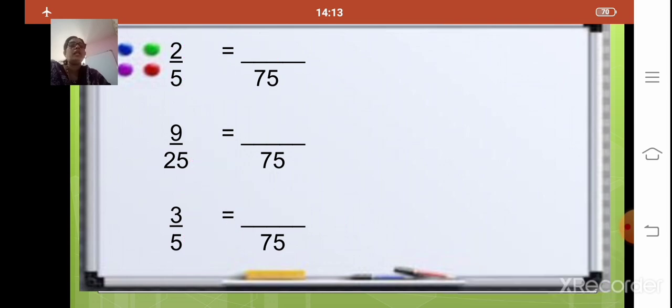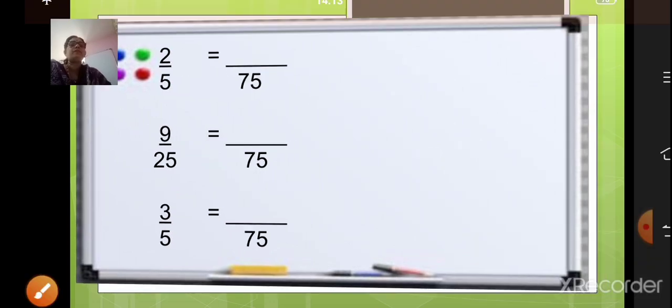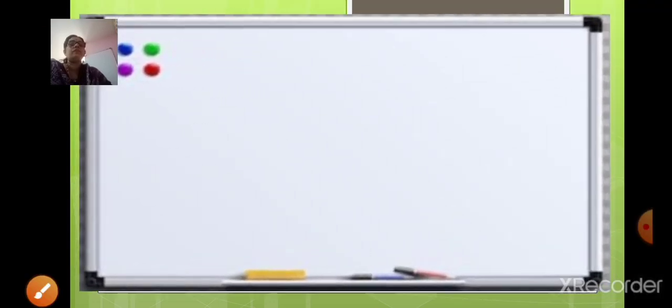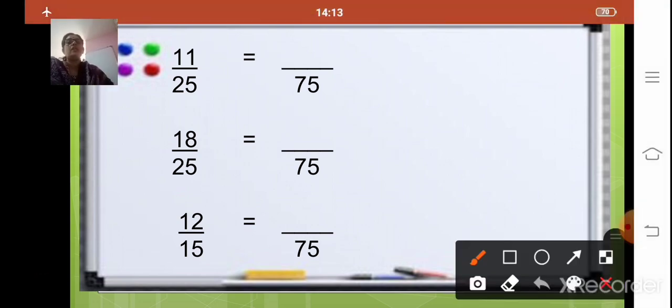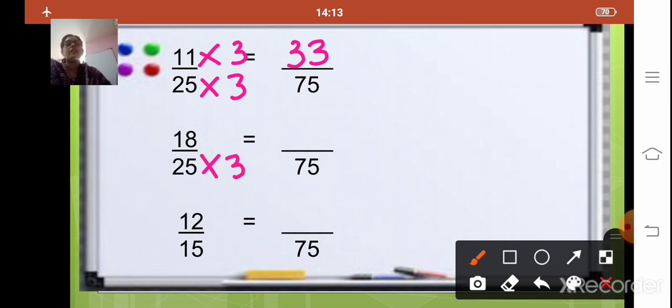Okay, now the next three fractions, 11 upon 25, 18 upon 25 and 12 upon 15. Now again here 25 multiplied by 3 will give you 75. Numerator also you'll multiply it by 3. So your numerator will be 33. Here also 25 multiplied by 3 is 75.